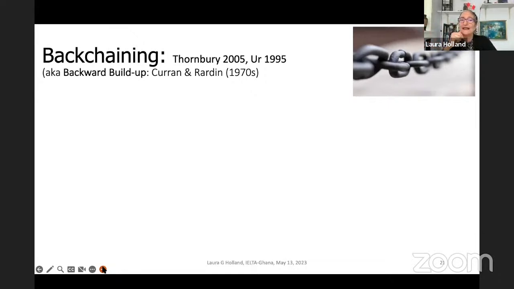More recently, Penny Ur and Scott Thornbury have called it back chaining. So it used to be called backward buildup. Now the term is more back chaining, and you will see back chaining. I don't think anybody calls it backward buildup anymore, but that's the idea of it.